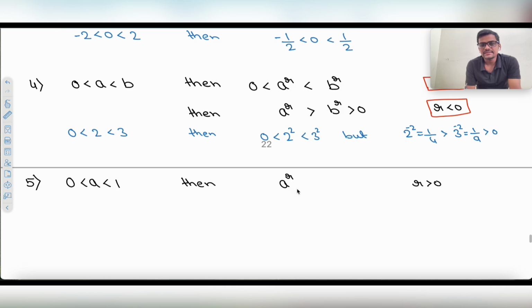If A is less than 1, then this will be greater than 0 and less than 1 only. But if my R is negative, then in this case what will happen? In this case, A to the power minus R will be greater than 1, and greater than 0 also.